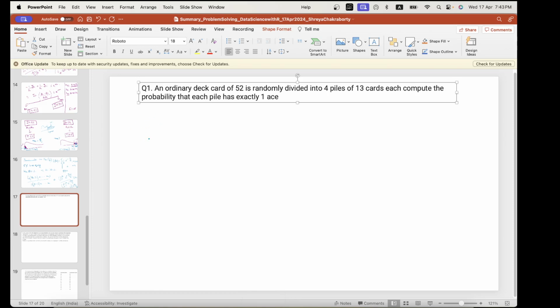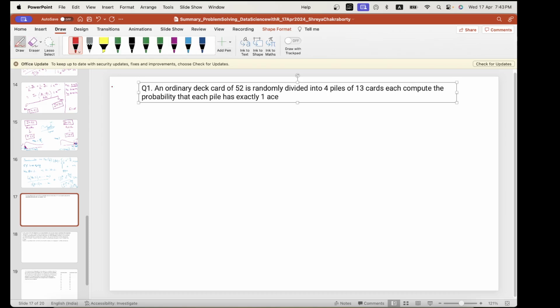Let us divide. Let E1 be the event. Can you see my marker? Okay, fine. So let us divide events.